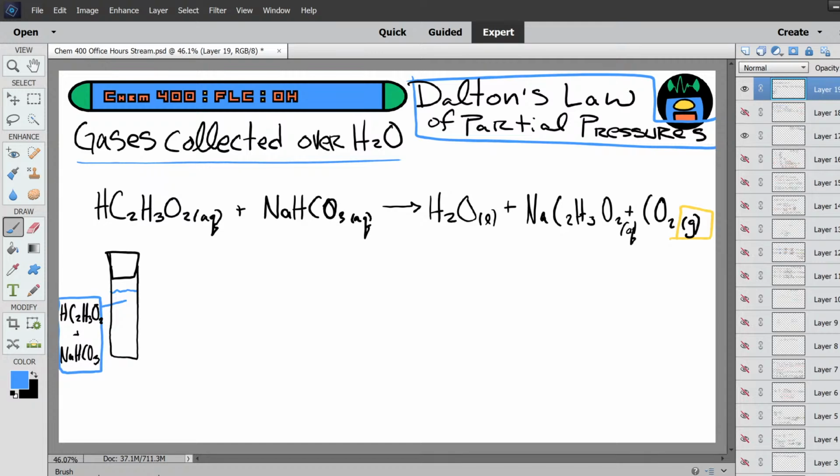And as they react, they start to form bubbles of carbon dioxide. You've seen this. You know what happens.